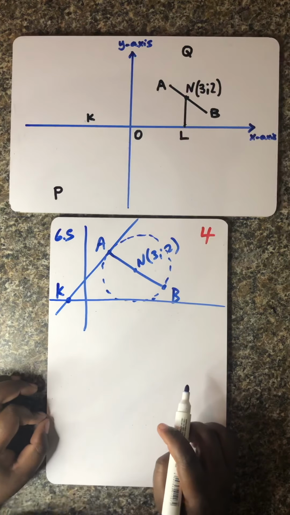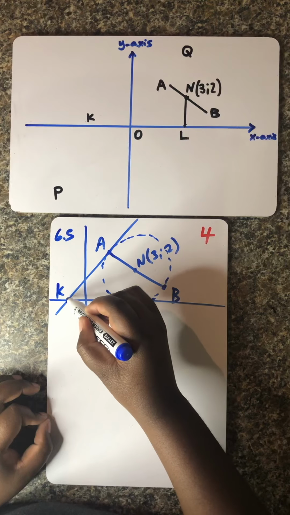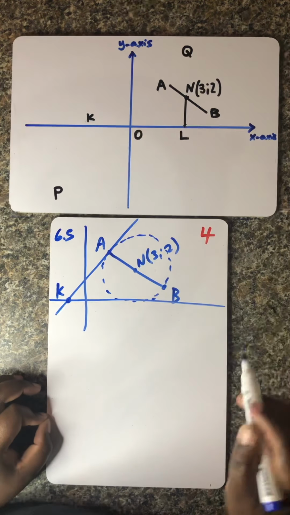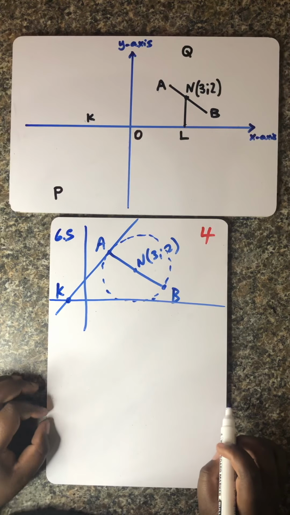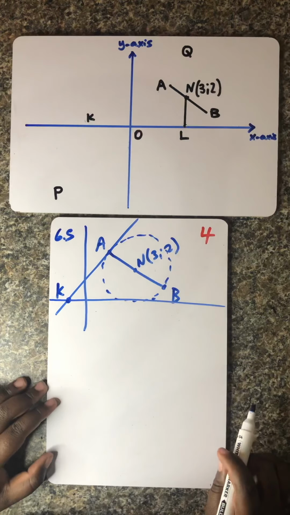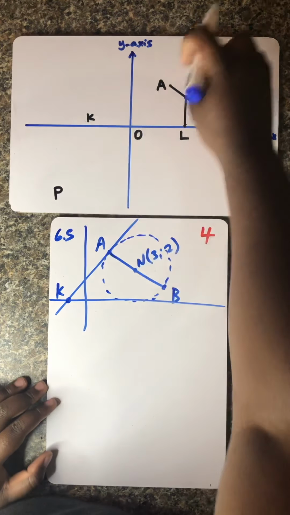The gradient of that line multiplied by the gradient of that line is equal to -1, and we already know the gradient of that line from the given equation of PQ.